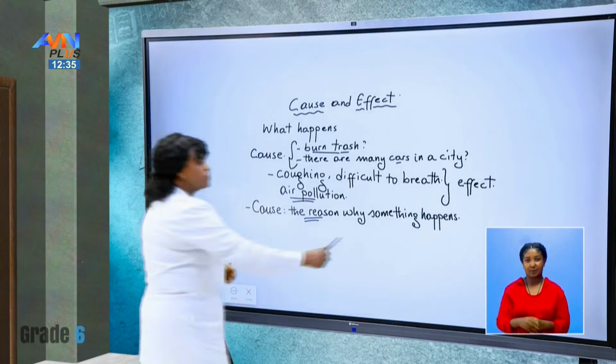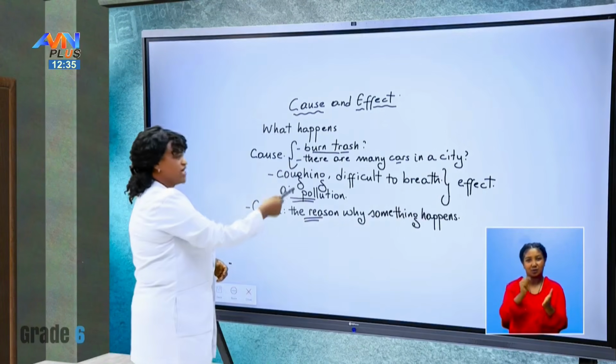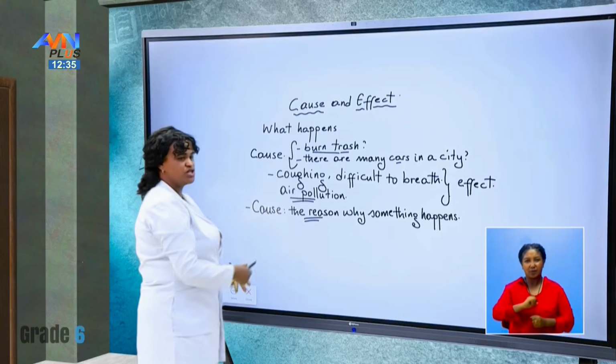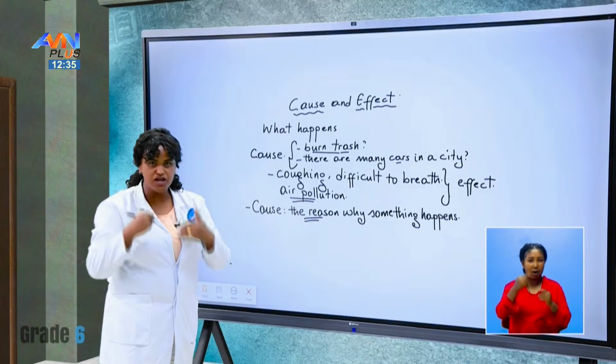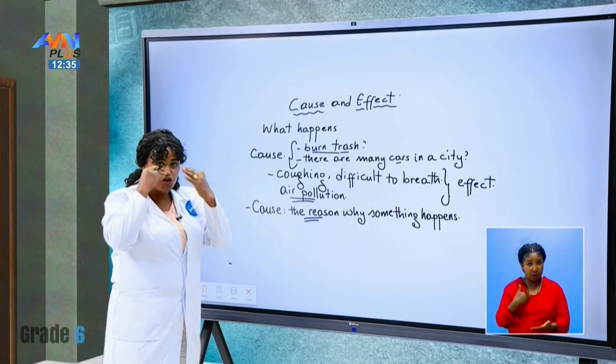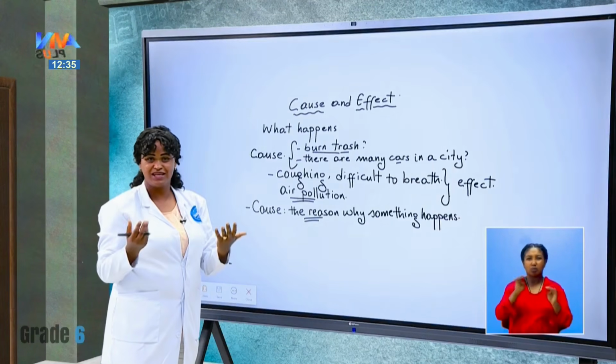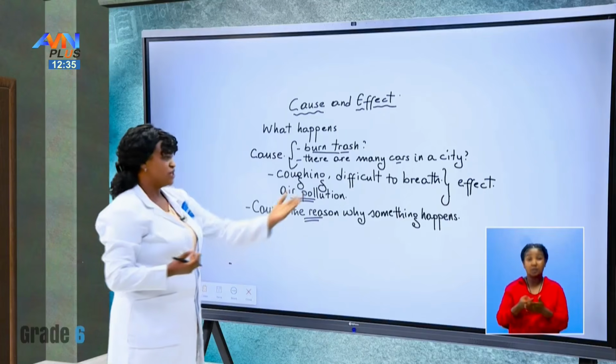And how about the effect, for example, in this case, the coughing, the air pollution, the difficulty to breathe, or sometimes your eyes might tear up. Yes? Your tears fall down when there is lots of smoke. Yeah? These are what? Effect.